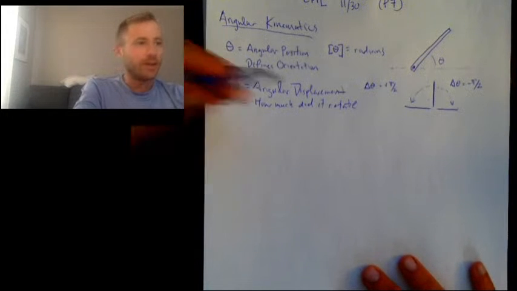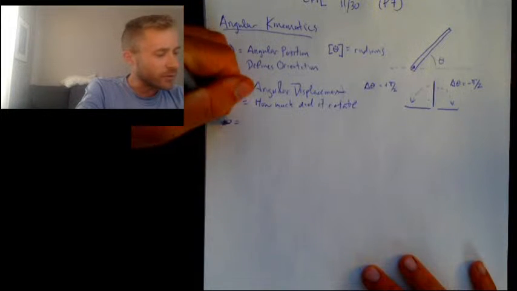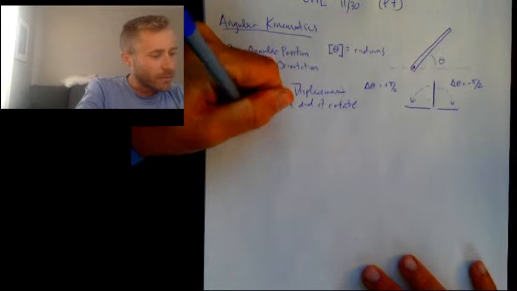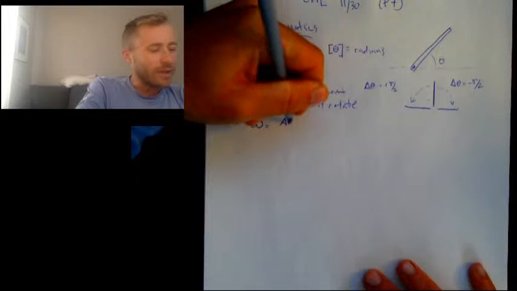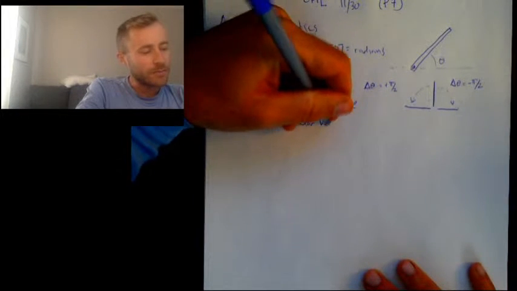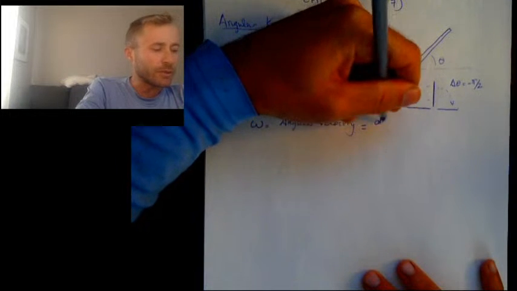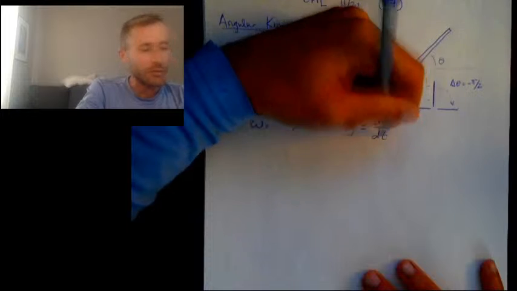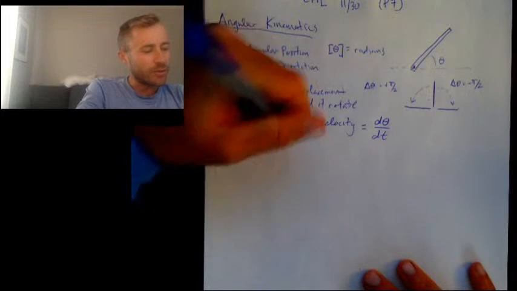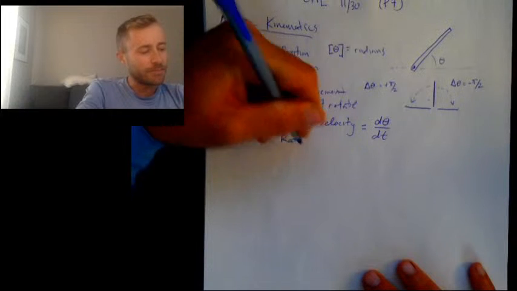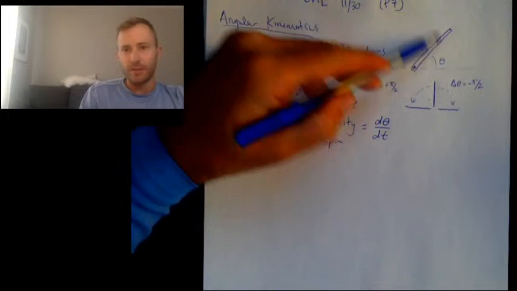We can define the angular velocity, which is denoted by the Greek letter omega. Omega is the angular velocity, which is defined as the derivative of the angular position with respect to time. And so basically the angular velocity measures the rate of spin. How fast is this thing whirling around?